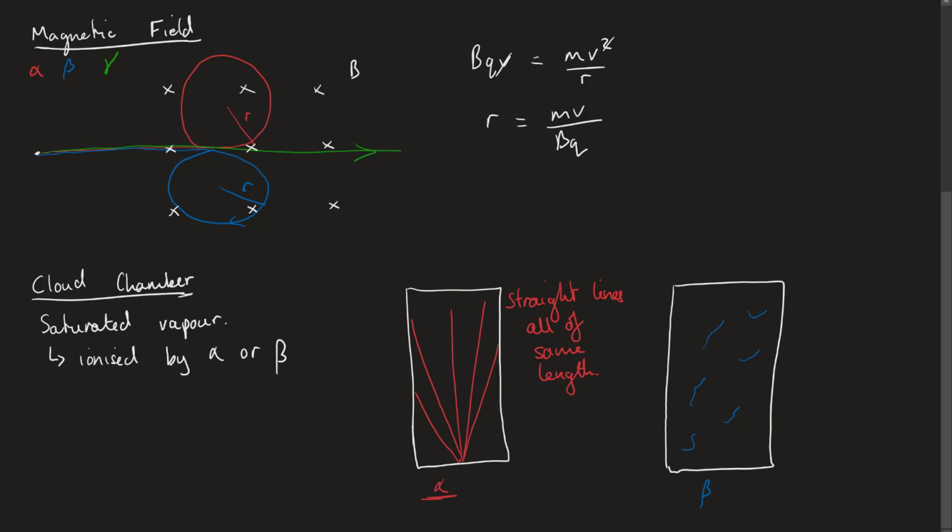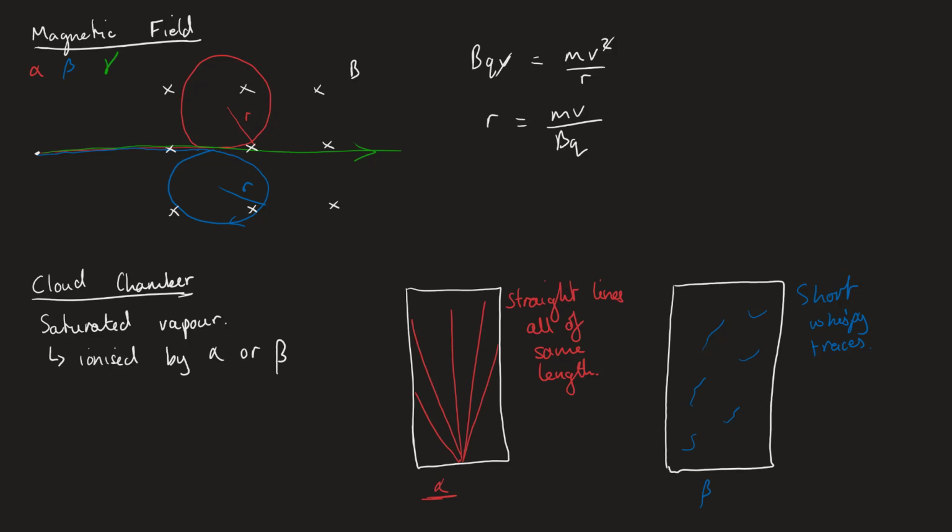But we see short, and it's often described as wispy, traces. So we get short, wispy traces that occur all over the place, and this is how we can then detect beta particles. So we now have two very different visuals of how we can actually observe these.